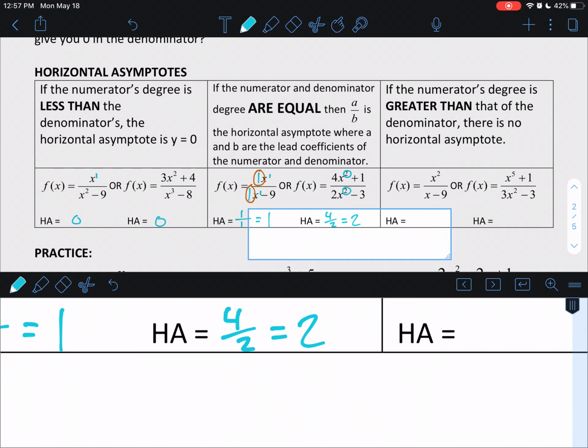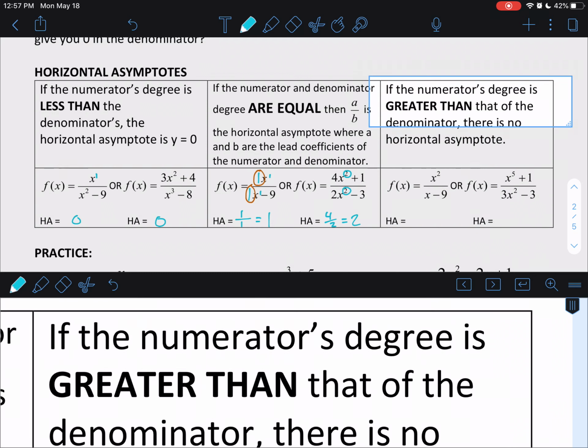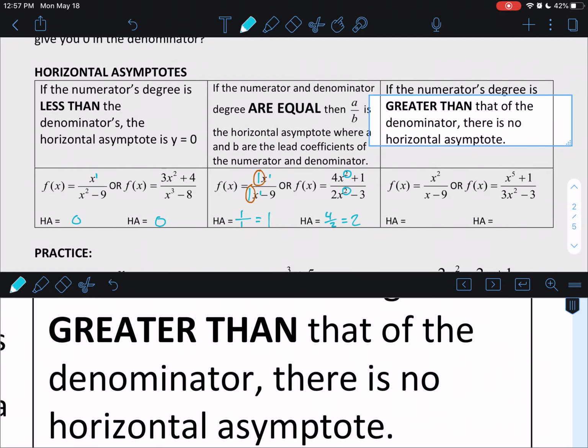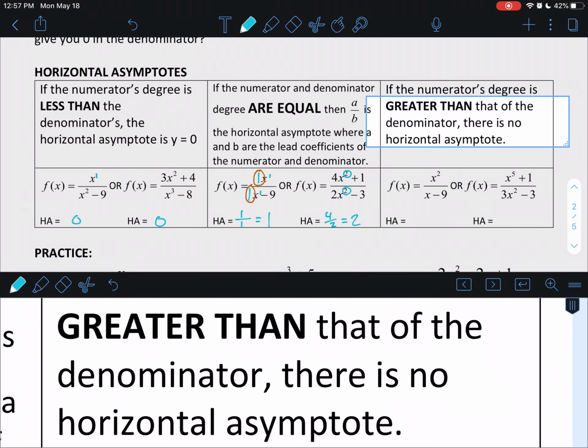That means that is the place where the range will not exist on this function. Okay, and then the third case is if the numerator's degree is greater than that of the denominator, then there is no horizontal asymptote. So we don't even have to worry about that, and the range will just exist for all possible numbers.